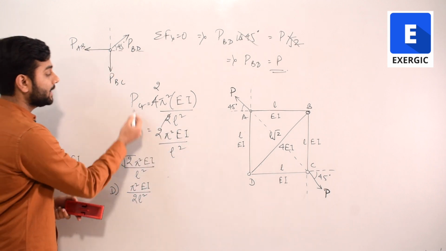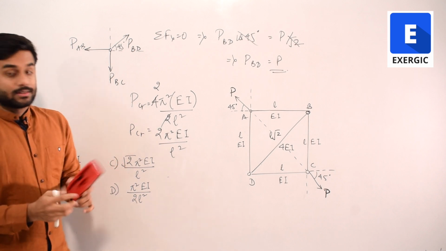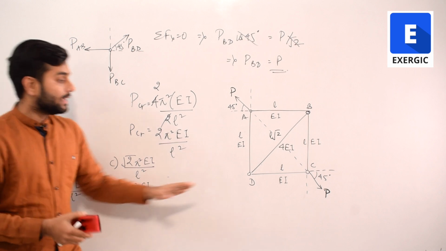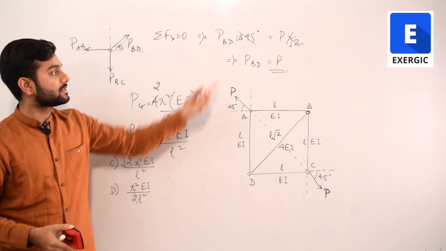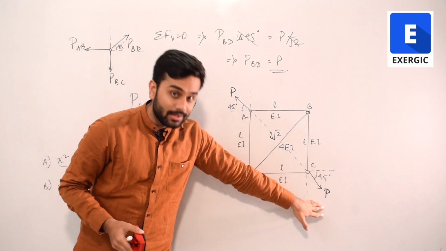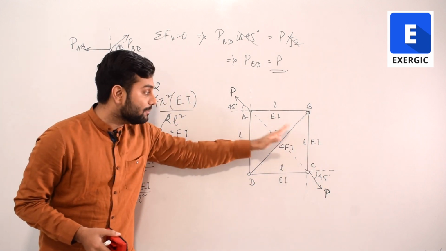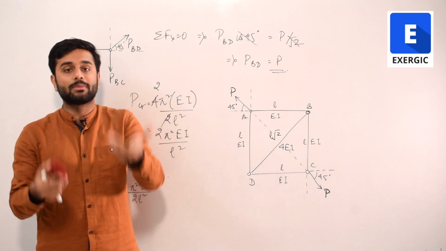This is the P critical, meaning the amount of load that is required to buckle it. And in the section BD, what is the actual force acting? Actual force is equal to P itself. So if you keep on increasing the value of P, the same P will be reflected in BD, and that same force is going to buckle it.